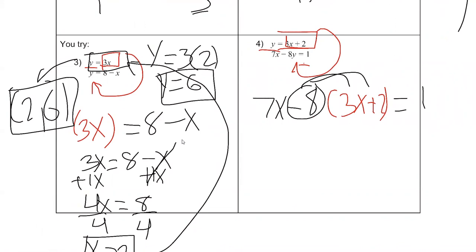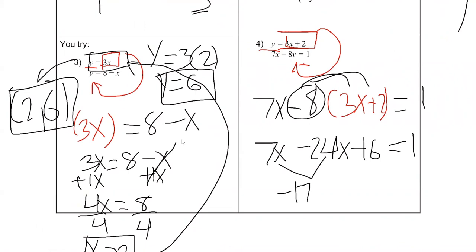We're going to distribute a negative 8, so that would be minus 24x minus 16 equals 1. We can combine these like terms because they're on the same side. So it would be negative 17x, 7 minus 24 if you plug that in. Sorry, I got a little sloppy here. This was supposed to be a plus 16. I think the 1 got put inside my plus sign there. So we'll have negative 17x plus 16 equals 1.